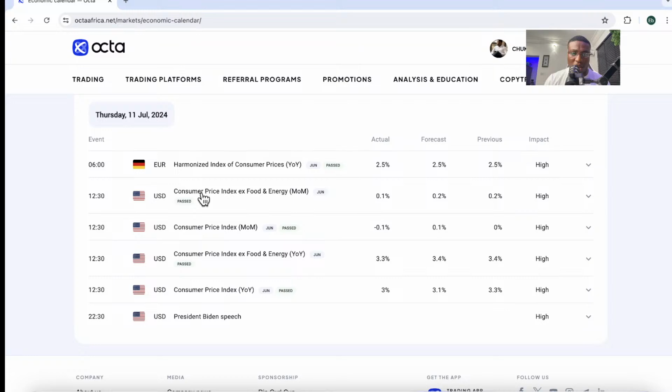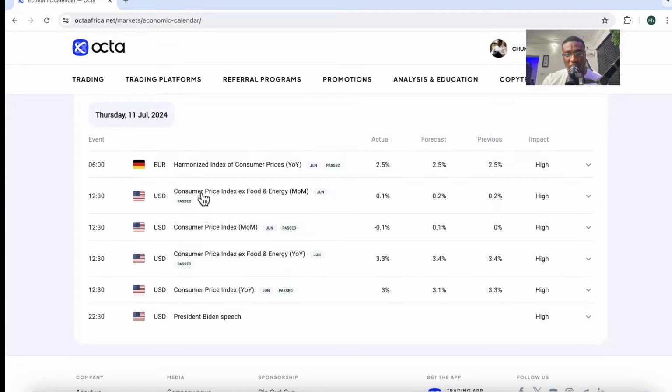And what would that mean? It would mean that the US dollar is going to increase in value, right? Sometimes the economy can be doing bad. And this would cause the central bank to increase the interest rate to support that economy and reduce inflation, which would also bring about a certain amount of positivity or increase in value of that currency.